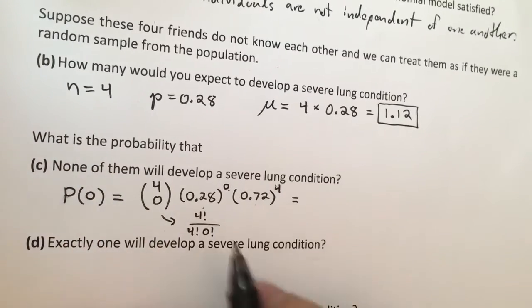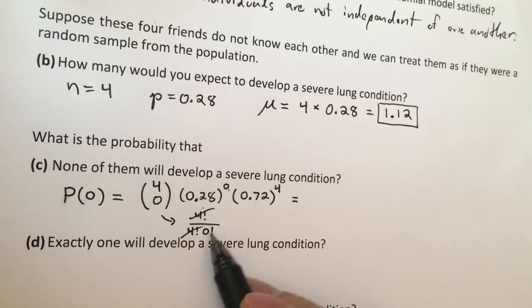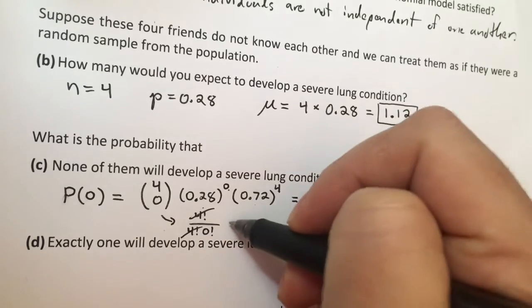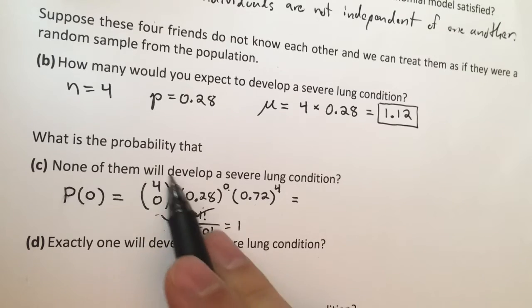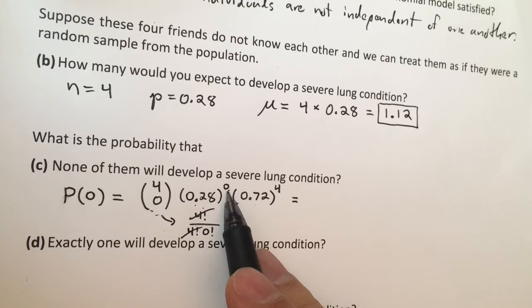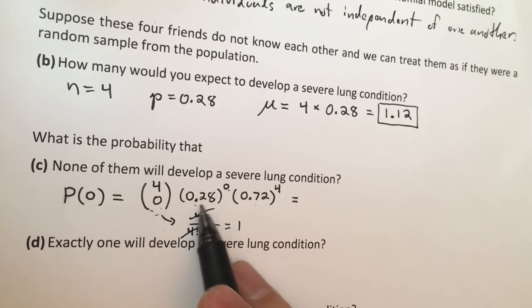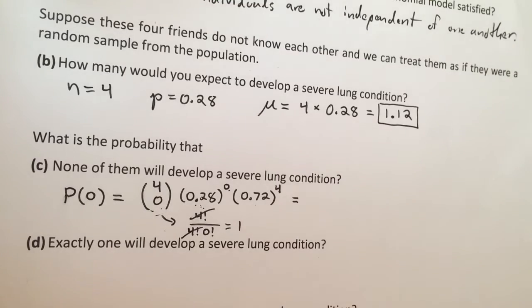Well, 4 factorial and 4 factorial cancel off. 0 factorial is equal to 1, so we just have 1 divided by 1. That's 1. Any non-zero number raised to the 0 power is 1, so we have 1 times 1. And so really it's just 0.72 to the 4th power is our answer.